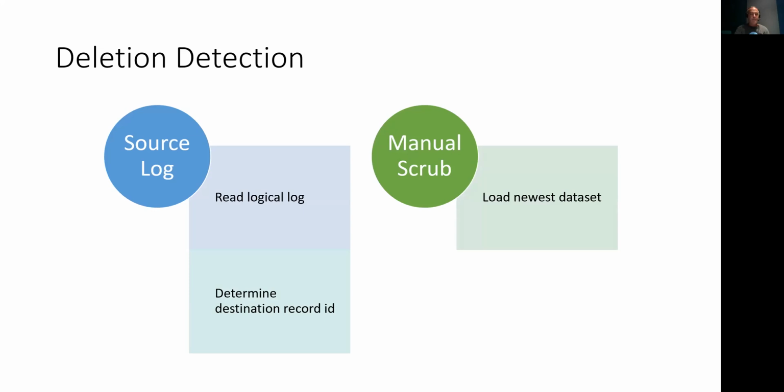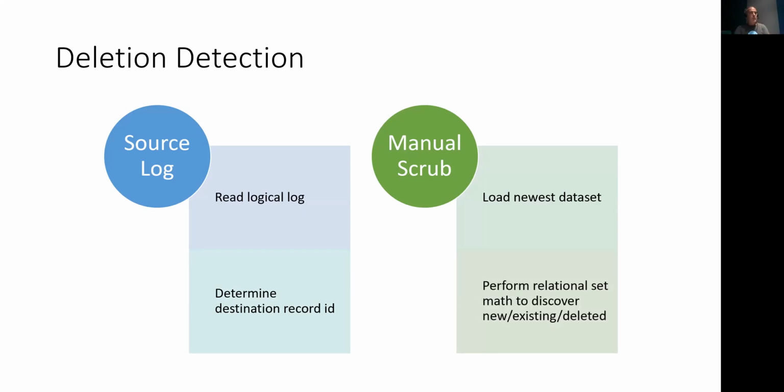In manual scrub, what we do is we load the data from the source as it is today, and then we perform set math, basically take the data set in the target database and compare it using a join, a full outer join, or what have you, to the current image.